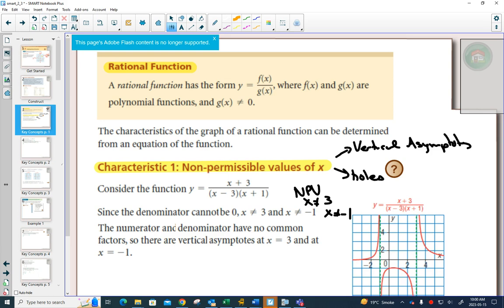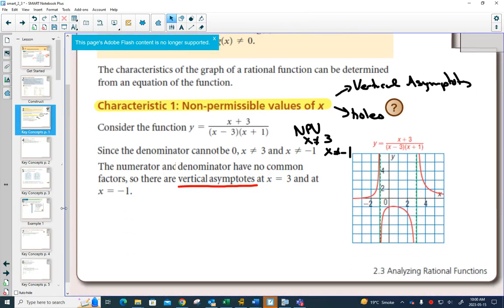Once it's factored, we check, does anything simplify? In this case, nothing simplifies. Like x plus 3 has to be exactly the same on the top and the bottom to simplify away, and it doesn't. So our non-permissible values stay, and whenever our non-permissible values stay, you will always get vertical asymptotes.